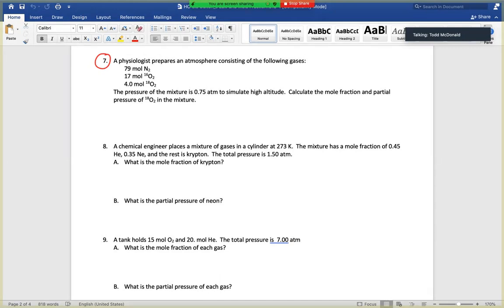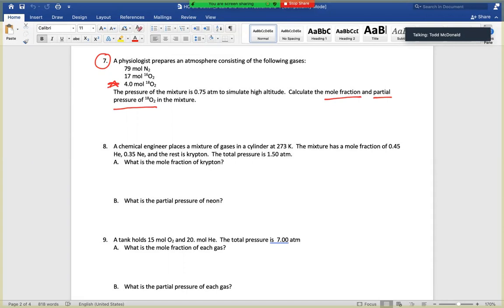If the pressure of the mixture is 0.75 atmospheres, that's the total pressure, we're going to calculate the mole fraction and partial pressure of one particular gas in this mixture, oxygen 18.